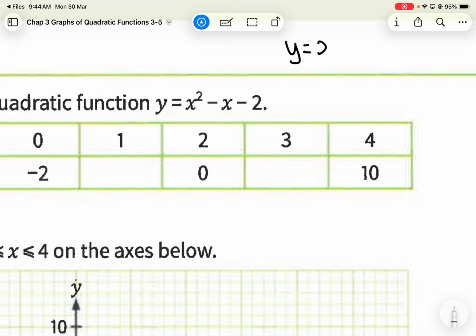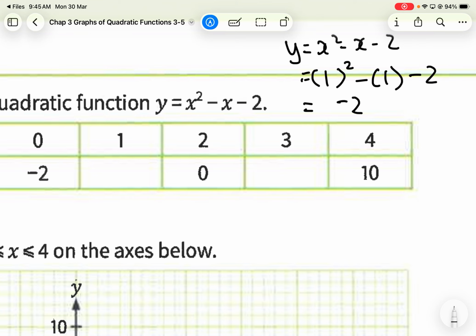So I will replace x with a bracket and put my 1 inside. So 1 minus 1 is 0, minus another 2, so equals negative 2. Why? y equals negative 2. 1 square is 1. 1 minus 1 is 0. 0 minus another 2, so negative 2.